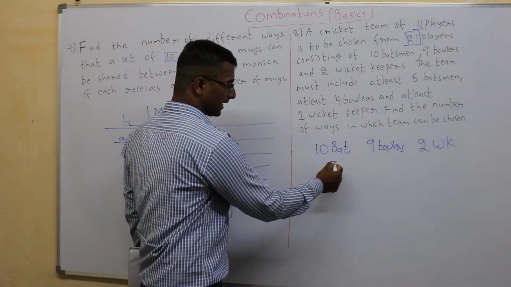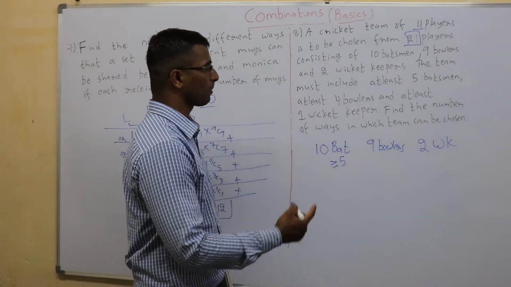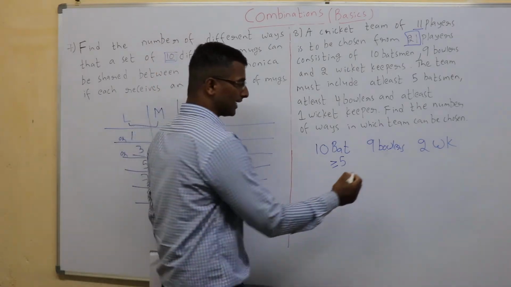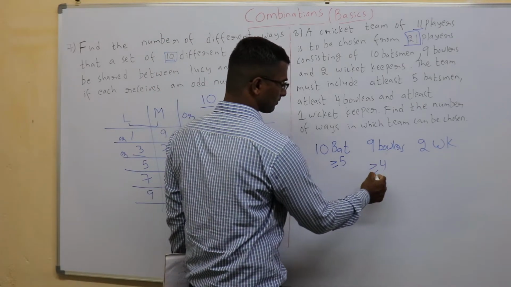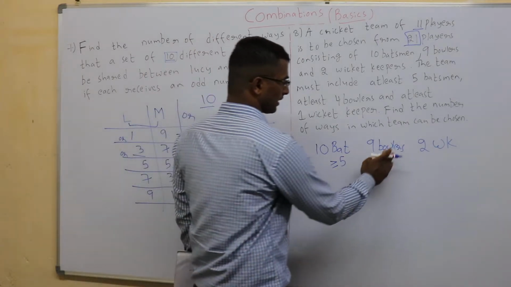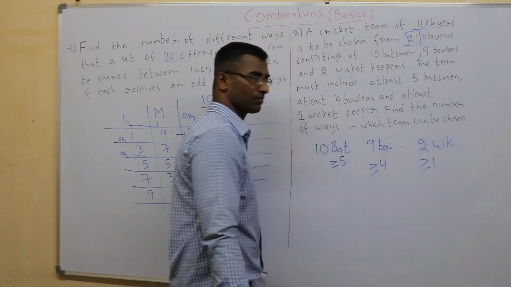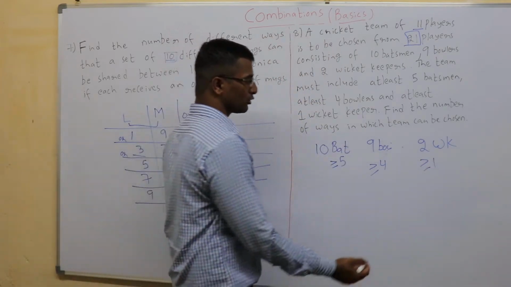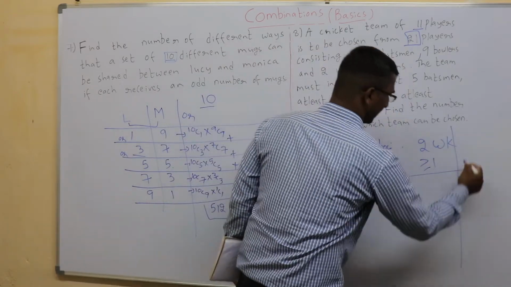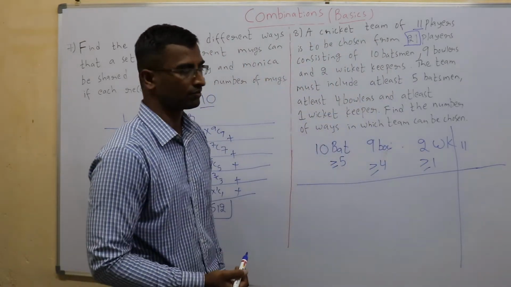At least 5, the condition will be greater than or equal to 5. At least 4 bowlers will be greater than or equal to 4. And at least 1 wicket keeper means greater than or equal to 1. Right? And you are choosing 11 of them. At the end, you should select 11 of them.